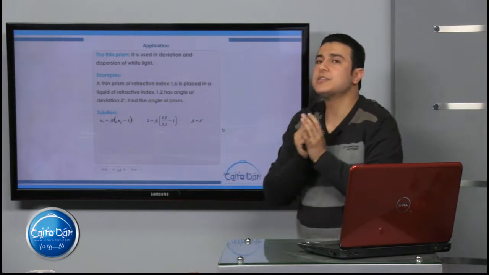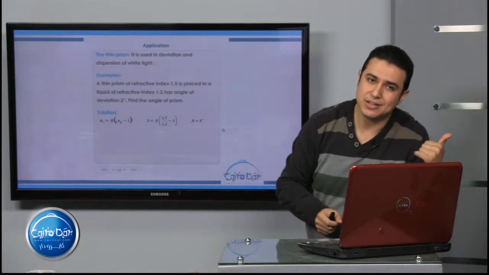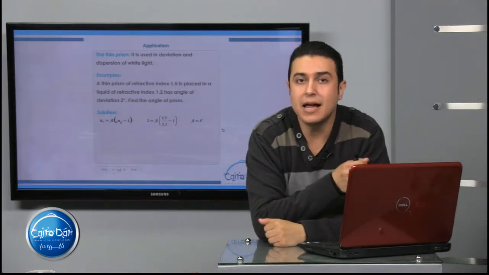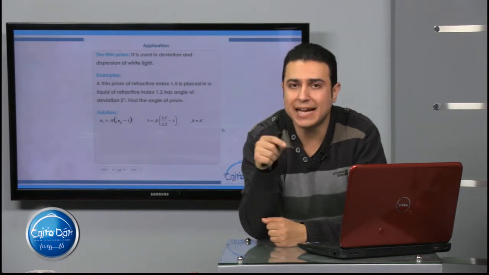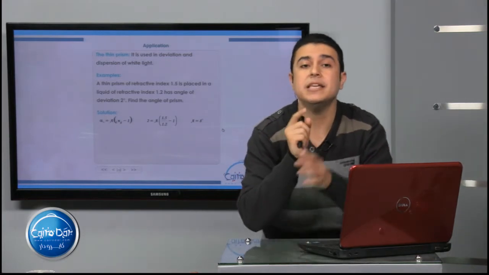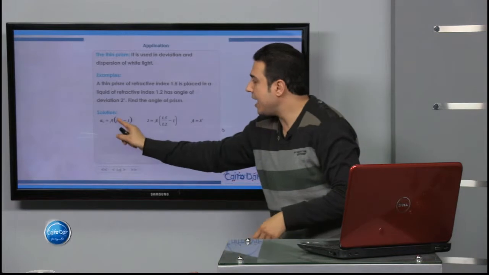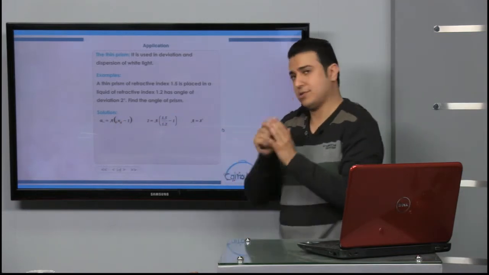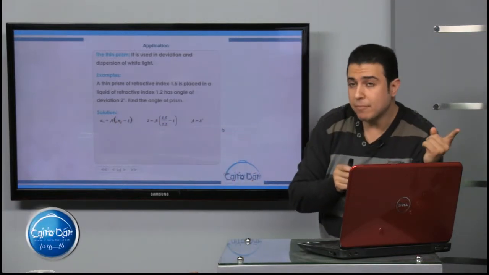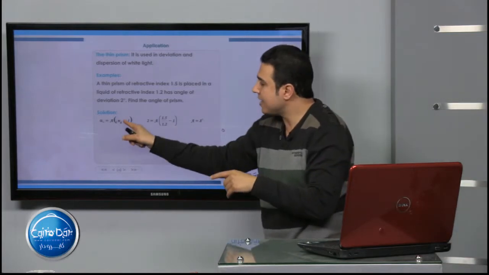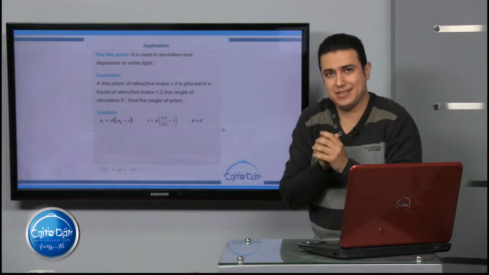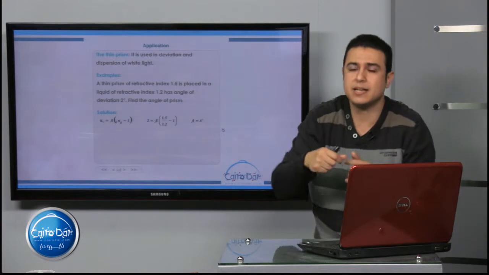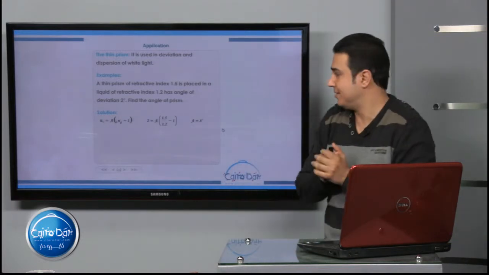Find the angle of the prism from the relation alpha naught equals A times (n minus 1). But here n is n glass divided by n liquid, that is, n prism divided by n liquid.